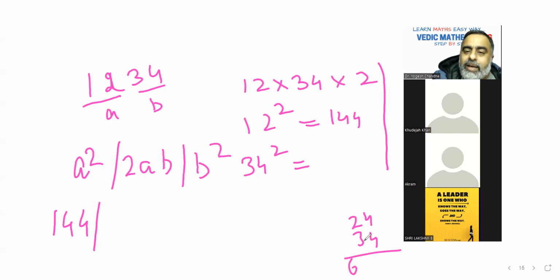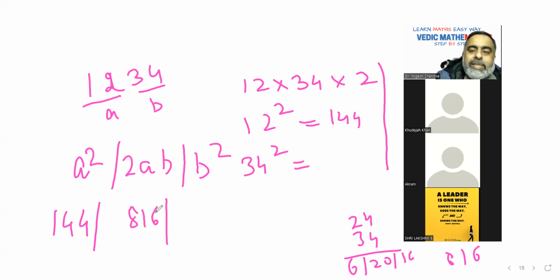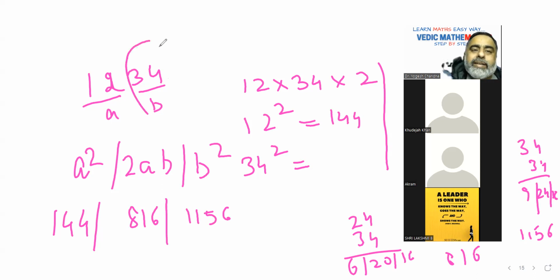8 plus 12, 20, 16. So what do you get? 816 in between. Then B square, 34 square: 3, 4, 3, 4, 9. 3, 4 is 12 plus 12, 24, 16. 1156. So 6, 5, 1, 1. So 1, 1, 5, 6. Now B is 2 digit, so here 2 digits should be allowed.